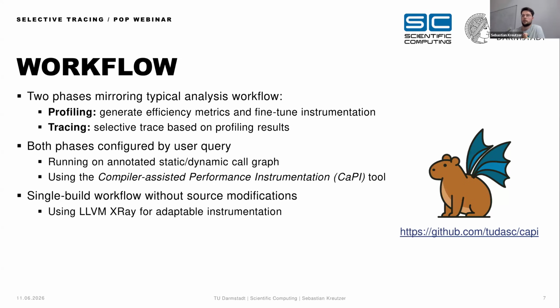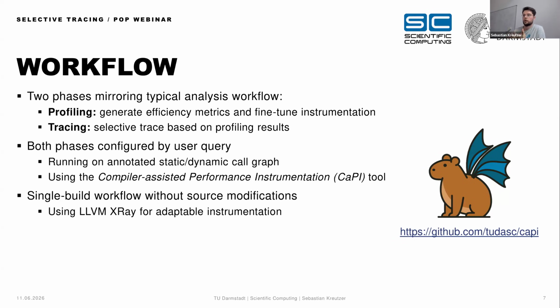Then in the tracing phase, we selectively trace based on these profiling results. The core feature of this workflow is the configuration stage in both phases. In both phases, the user can submit a query that tells our selection system what aspects should be considered. Based on that, the measurement config is generated.